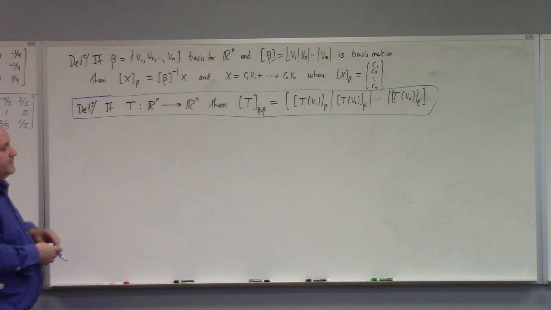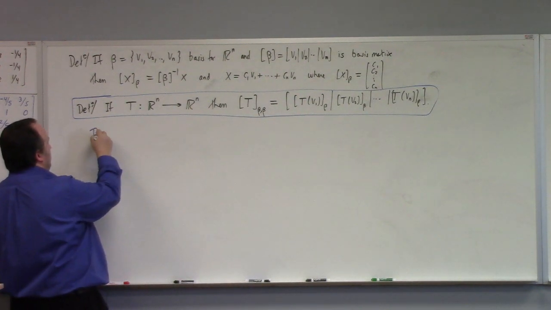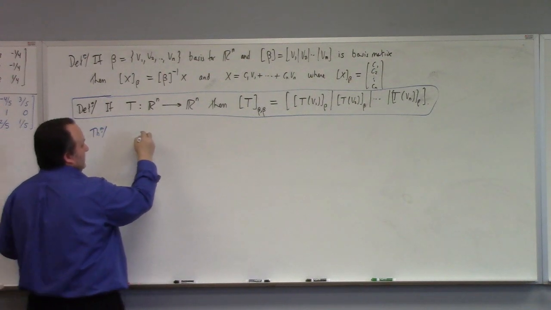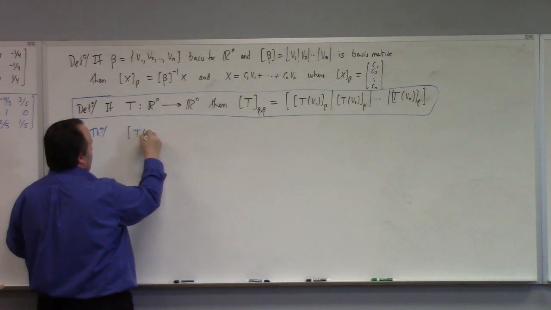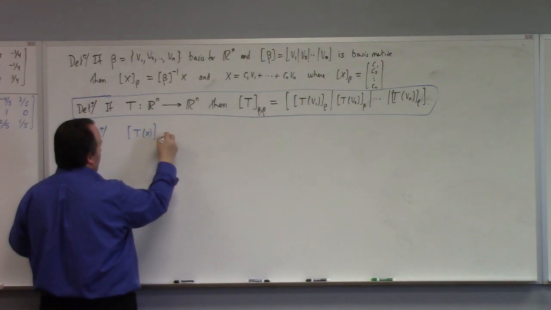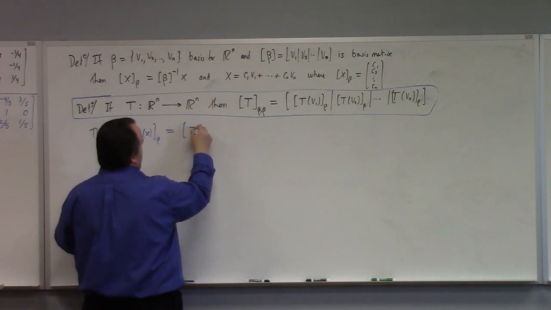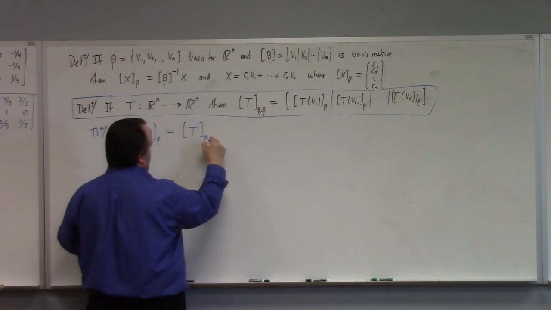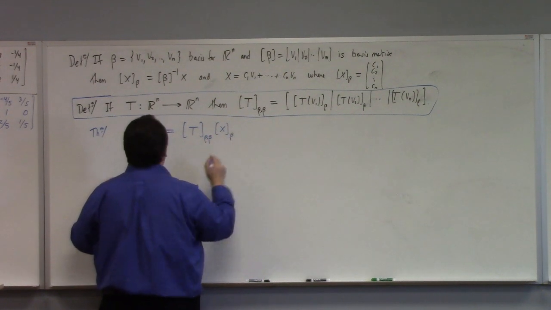So this is it. Basically, here's the deal. The theorem is this: if you want to calculate T acting on x and take the beta coordinates of that, it turns out to be equal to the non-standard matrix times the coordinate vector of x.